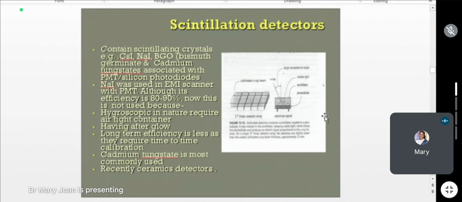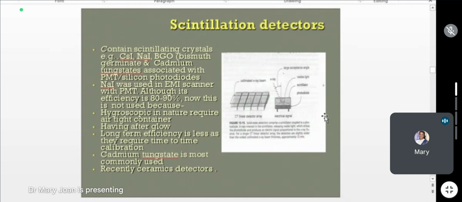So we have to keep the humidity under very strict control, and not only that, the crystal needs to be completely air sealed so that no moisture can get inside. If there is any gap or damage in the sealing of the crystal, it can result in wrong information being saved and a bad image being formed.